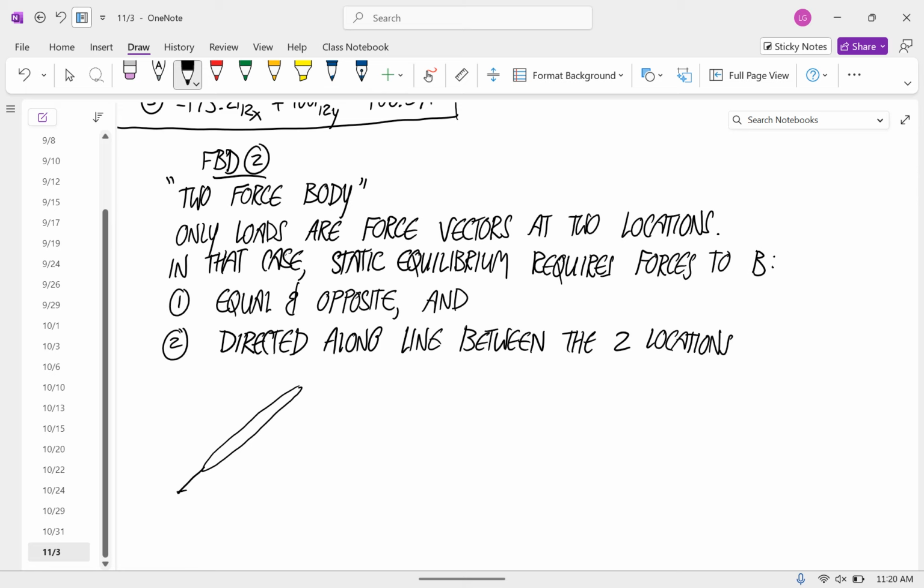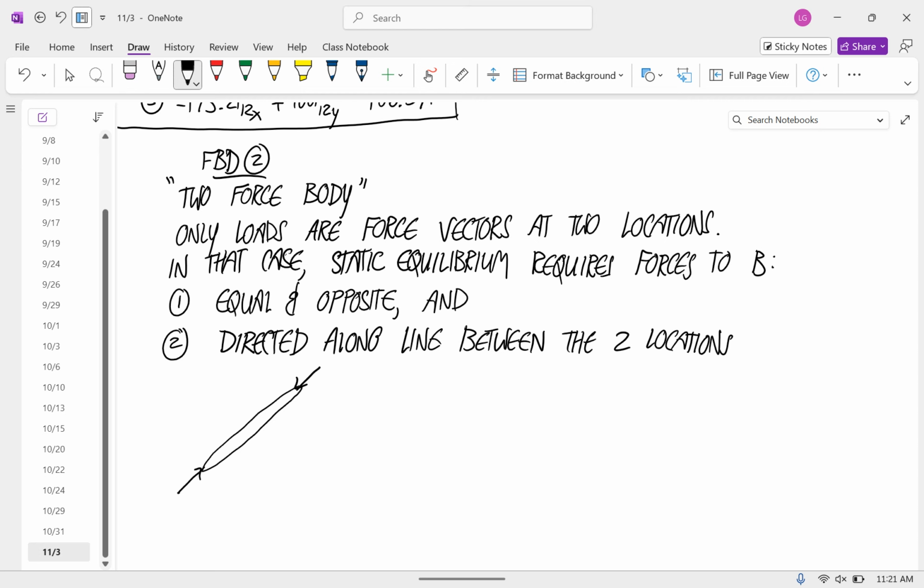One is that the forces are exactly opposite each other along the line, going away from each other along the line of the connection. And the other way is that they're just going towards each other along that same line. Those are the only two possibilities.